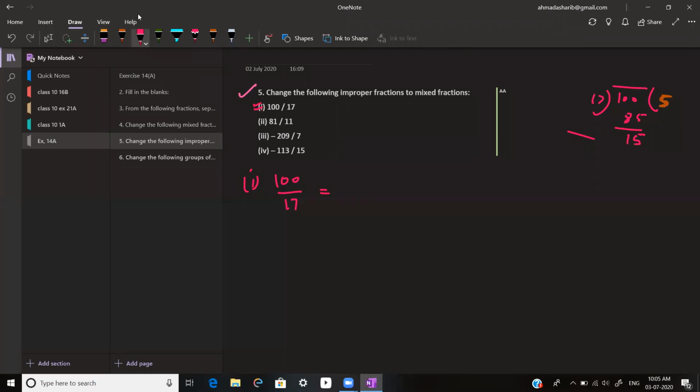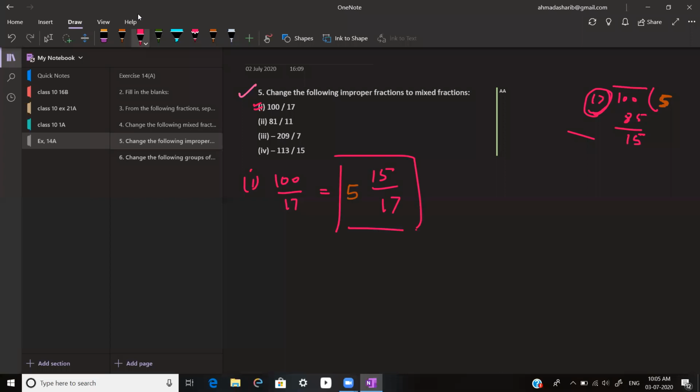So you will write the quotient here, and your remainder in the numerator and 17 in the denominator. Is it clear, students? So we will write it like this, 5 whole 15 upon 17.